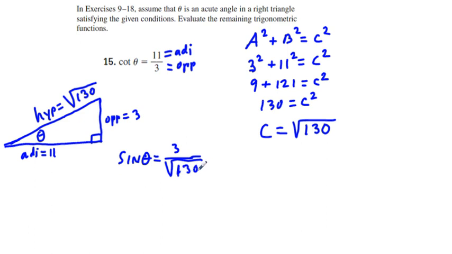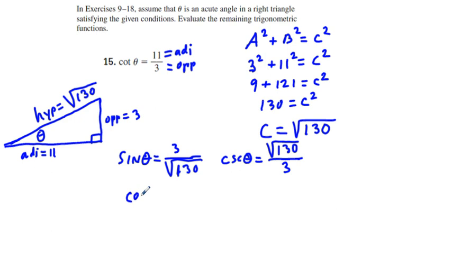Well, square root of 121 is 11, and square root of 144 is 12. So square root of 130 is going to be somewhere between 11 and 12. And cosecant theta is equal to the reciprocal of sine theta, which is square root of 130 over 3.